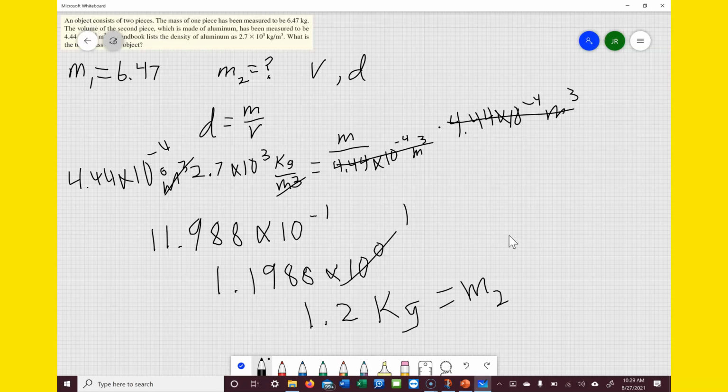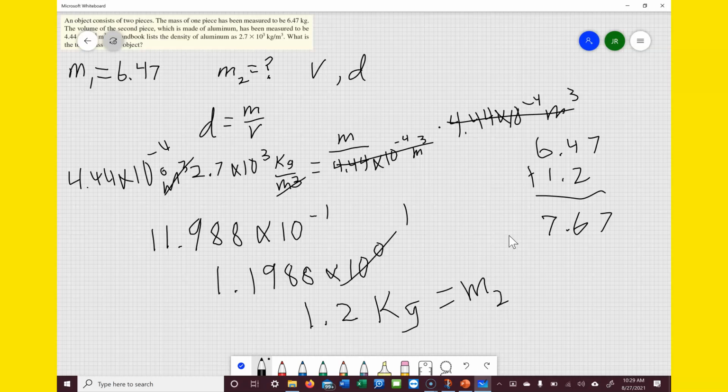So my final answer for the total mass of that object is going to be 6.47 plus 1.2, which is going to be 7.67.